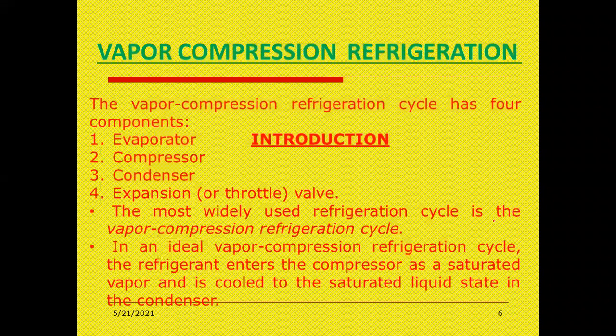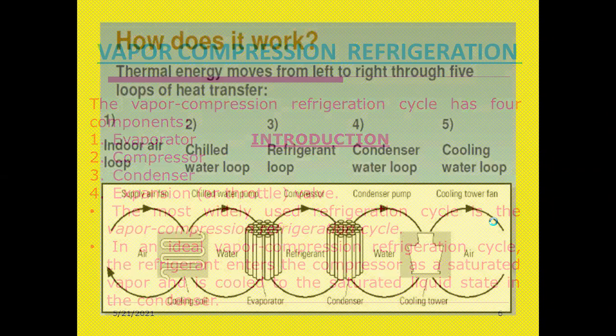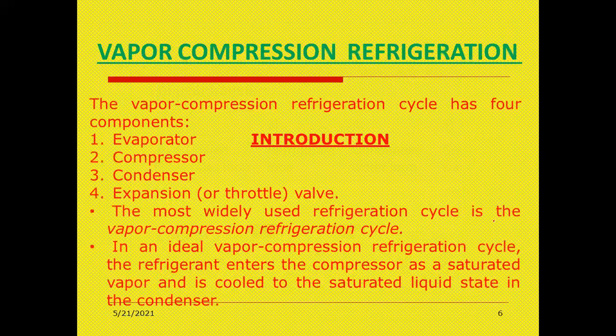Next one, vapor compression refrigeration system. This is the main topic we are discussing, and it is in our syllabus of unit 2. The vapor compression refrigeration system has 4 components to discuss: evaporator, compressor, condenser, and expansion valve.